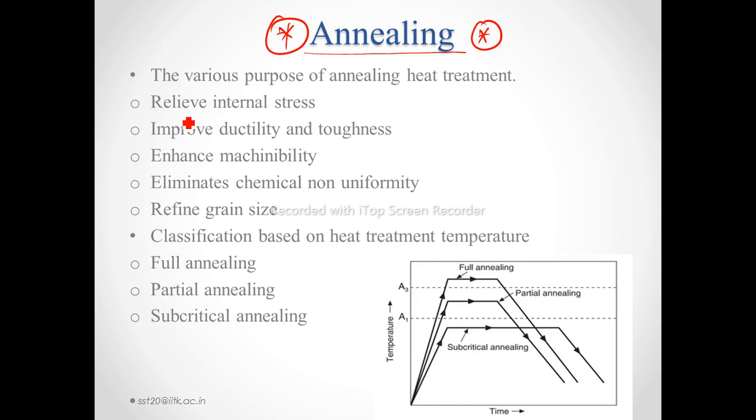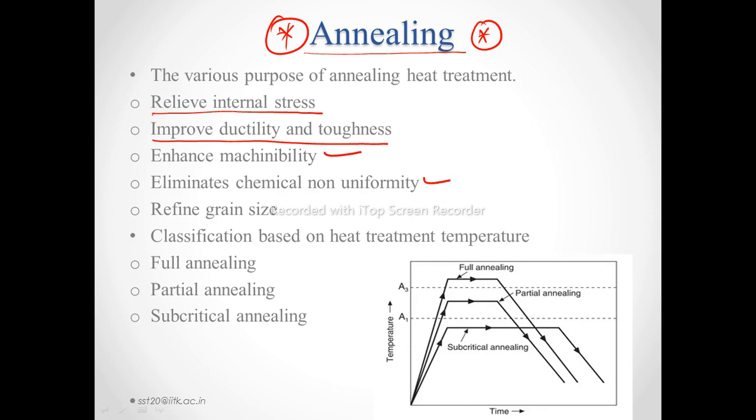First of all, as with stress relieving, annealing also relieves the internal stresses, and it improves the ductility as well as the toughness. It enhances the machinability and eliminates chemical non-uniformity. If there is an inhomogeneity in the sample, it can be removed with the help of this annealing heat treatment.